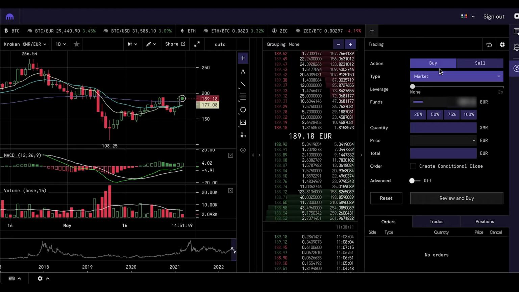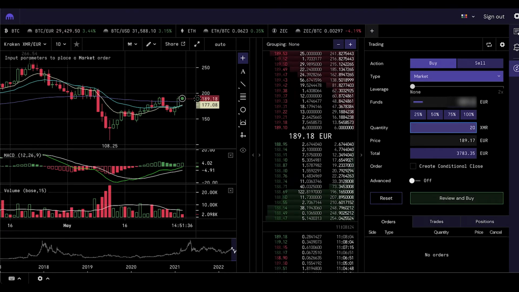Over here, I've got some buttons that give me the option to either spend 25, 50, 75 or 100% of my available balance. But if I don't want to use those, I can input the amount I would like to buy myself. So I might decide I want to buy a certain amount of Monero, which I can input over here.